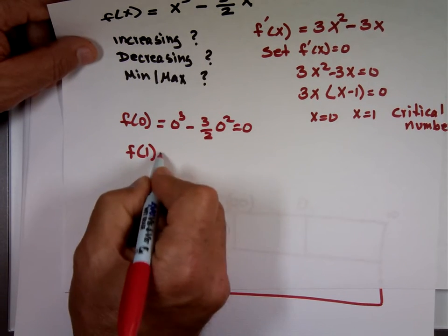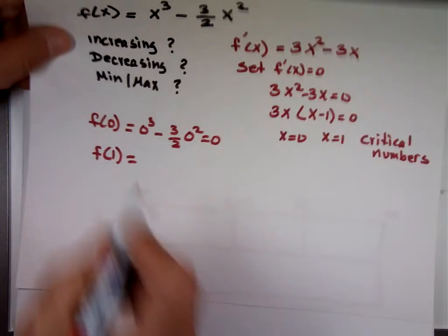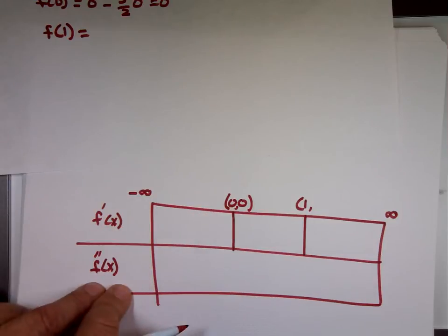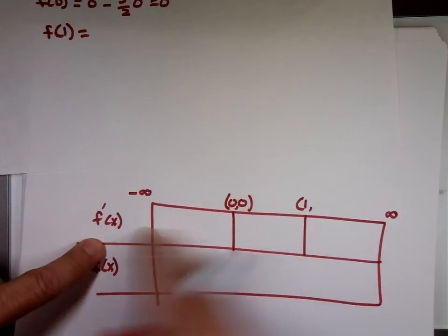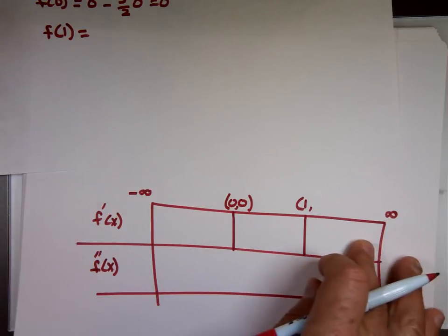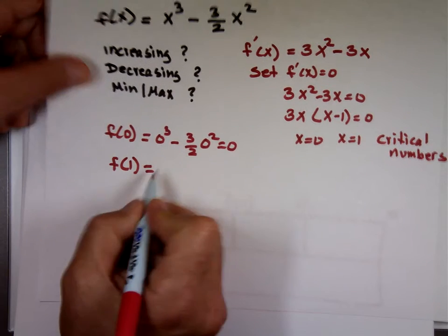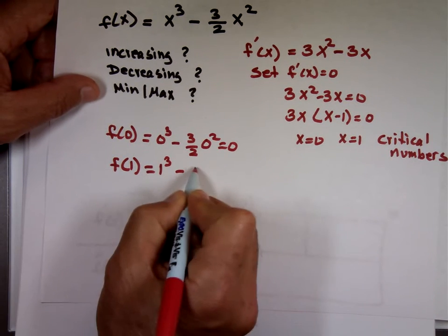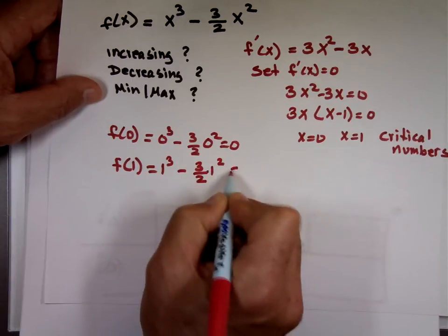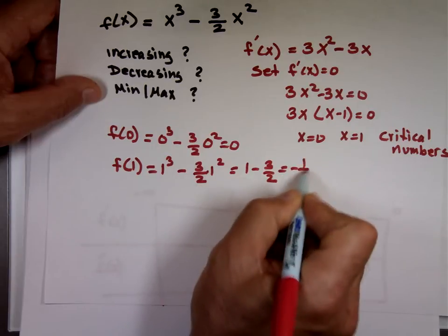The derivative is inside the box. I'm outside the box. So that reminds you whether you test this into the derivative, the second derivative, or the function. The top box is for the derivative, and this bottom one is for the second derivative. I didn't even get to them yet. So I'm still outside the box, no derivative. When x is 1, that's 1 cubed minus 3/2 times 1 squared. What's 1 minus 3/2? Negative 1/2.